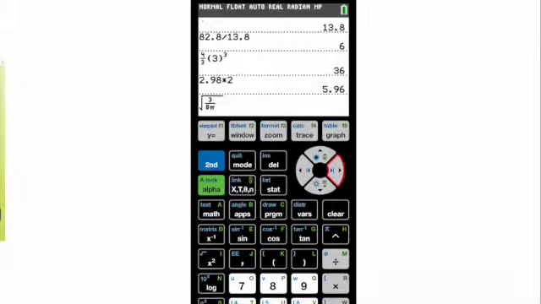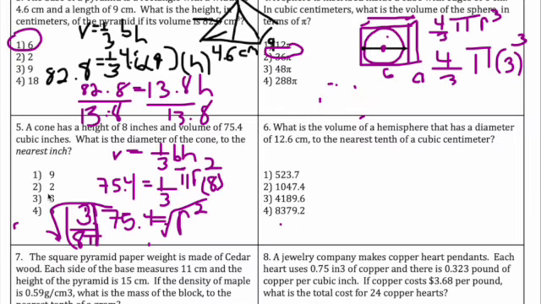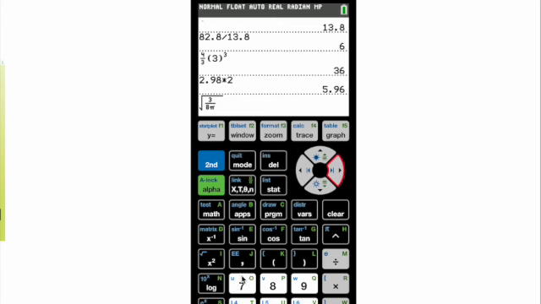Okay. So from there we had what, 75.5? Oh, 75.4. Okay. So times 75.4, and notice it's all under the square root sign.